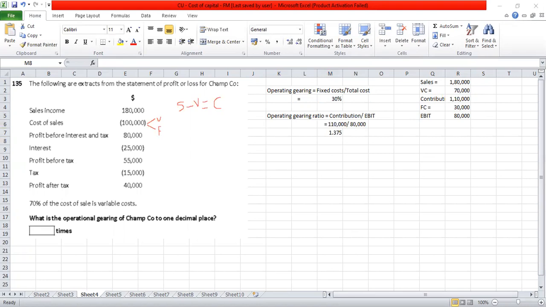So we get it as, they want only till one decimal point. So it would be 1.4 times.